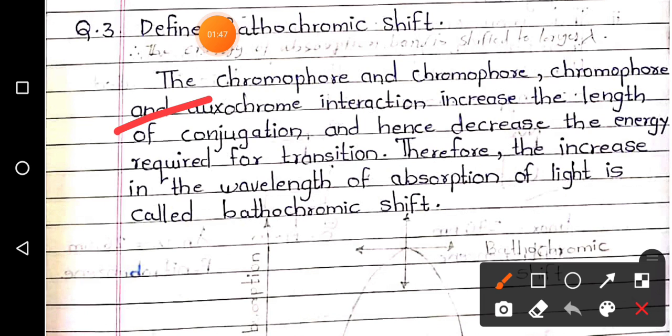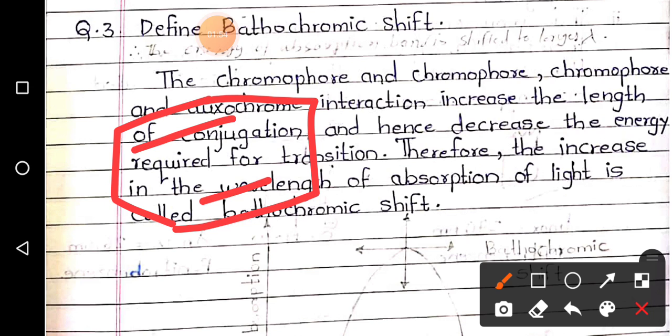For example, this is a structure having only one double bond, means double bond, single bond, single bond, double bond, single bond, single bond, then double bond, single bond, single bond.